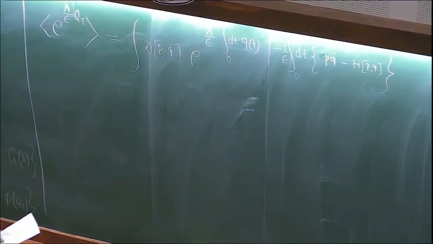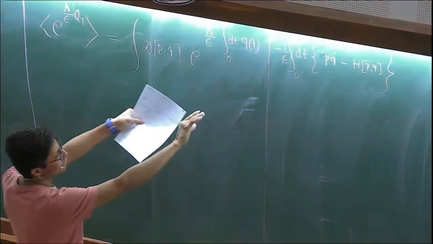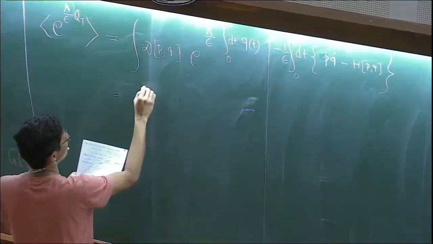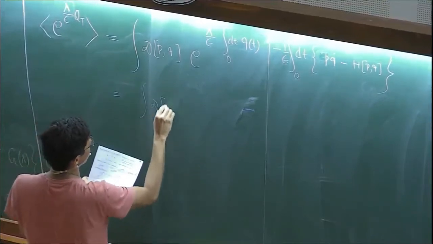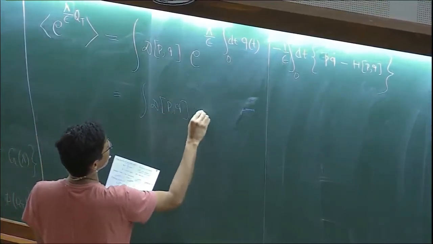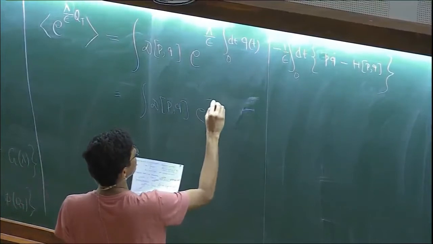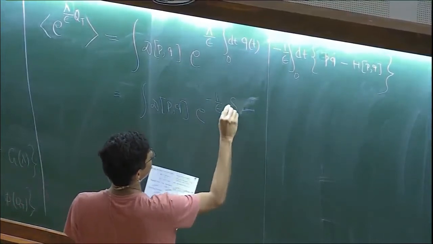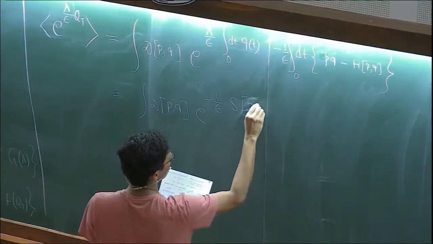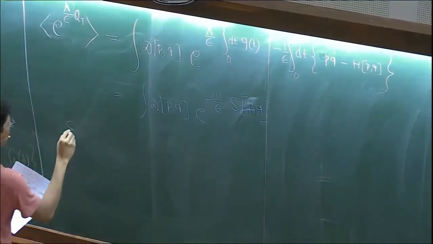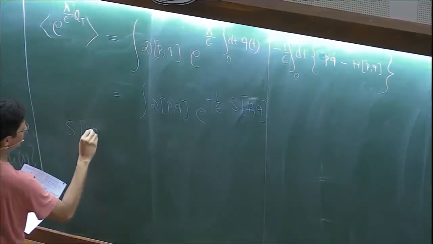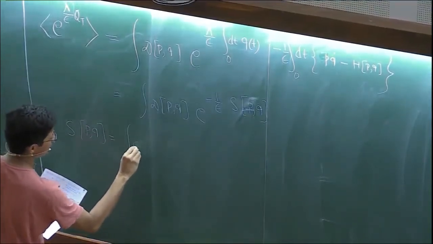Now you could just redefine this, it's the same thing, just for simplicity. You can write it as 1 over epsilon times the action S of P, Q, where S of P, Q is what I'm just repeating.